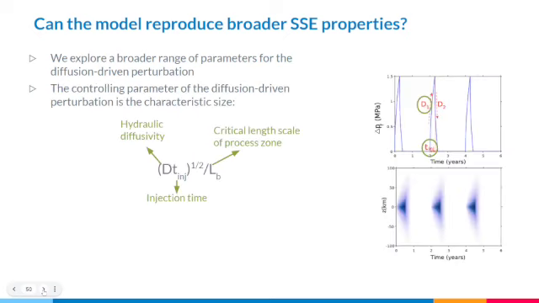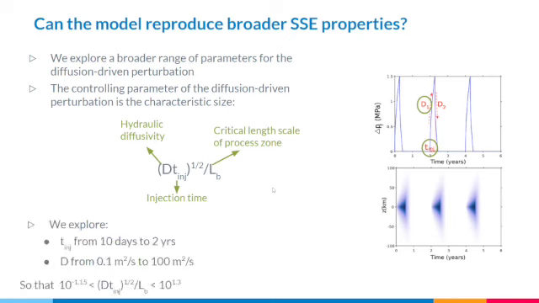We found that this perturbation is characterized by a characteristic size, which is given by the combination of these parameters shown here, where this is the hydraulic diffusivity, this is the injection time, when the fluid flows into the fault, and LB is the critical length scale of the process zone, which we assume constant in the simulations.